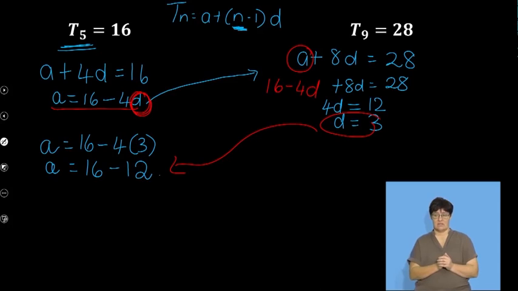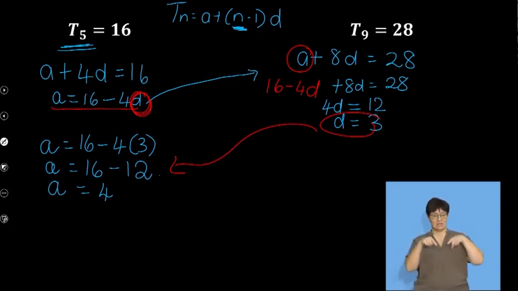Hopefully everyone will agree with me that that means that A is equal to 4. So what I've done is a simultaneous equation where I have solved for A and D. I first isolated my A, and then I isolated my D and took it back to solve for A.